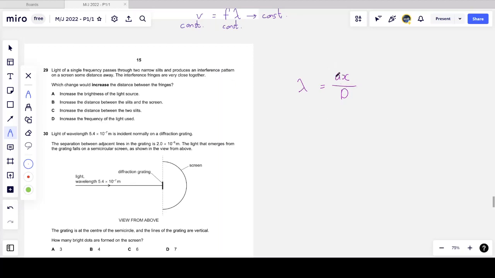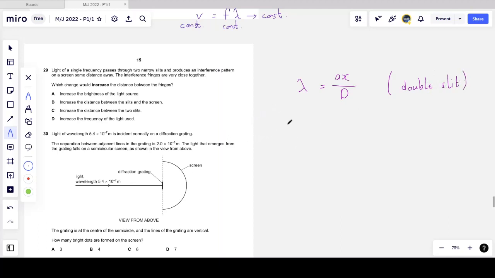Again, this is a double slit experiment, Young's double slit experiment. x is the separation between the fringes, which is what we're interested in, and D is the distance between the slits and the screen. And so this is for the double slit experiment.